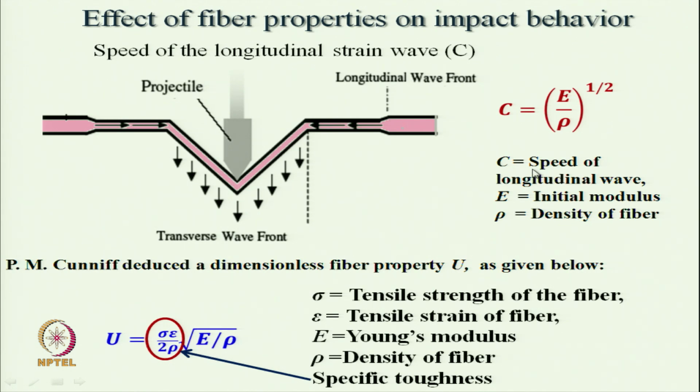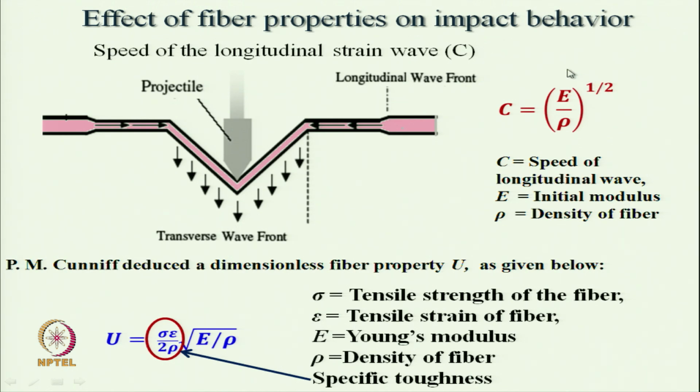Now, the term C is the speed of longitudinal wave, and this is given by the square root of E by rho, where E is the initial modulus and rho is the density of the fiber.